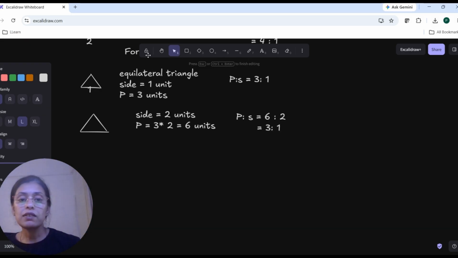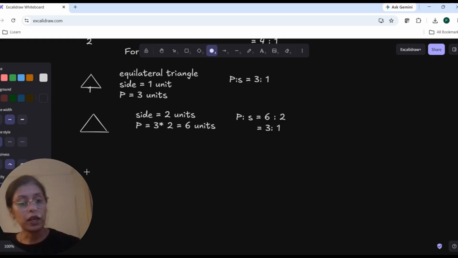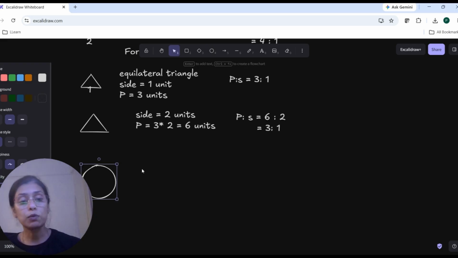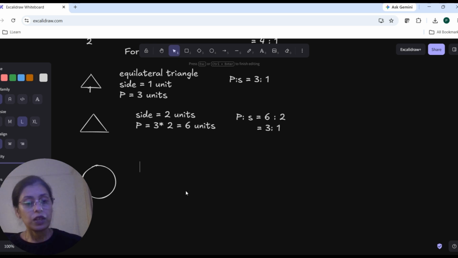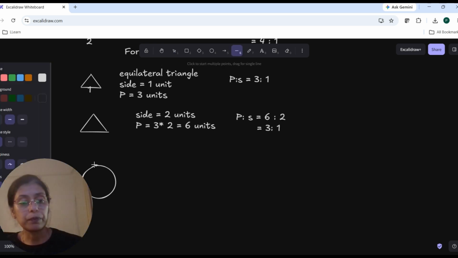So then they thought the same way we can observe for a circle, what happens, right? So in case of circle, what is the perimeter?